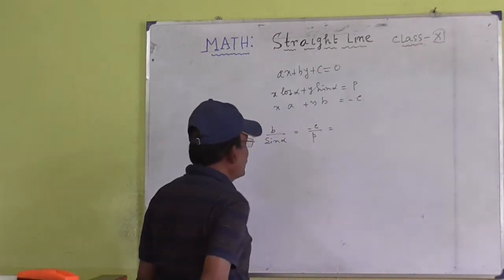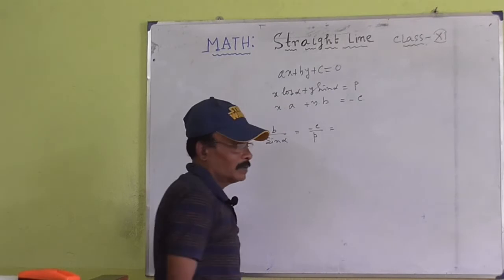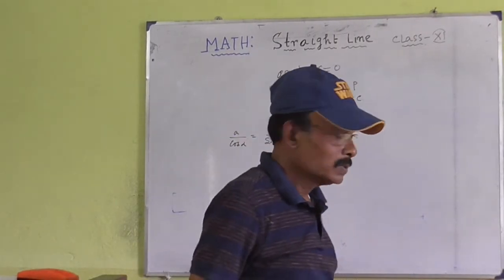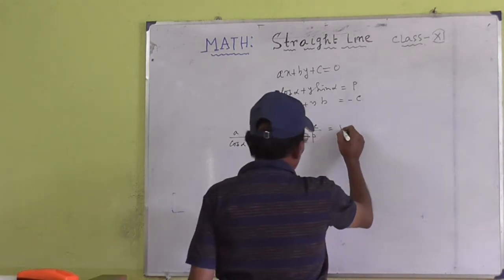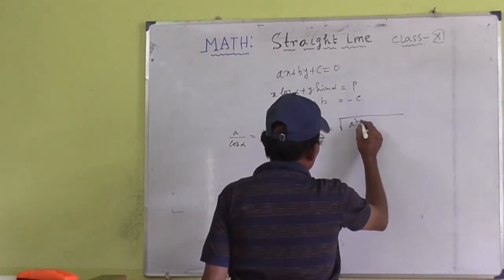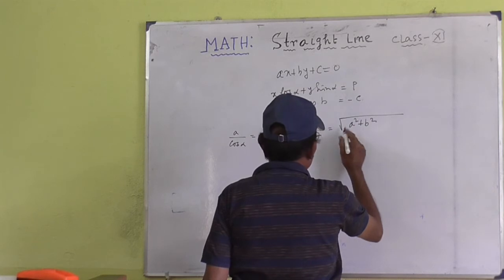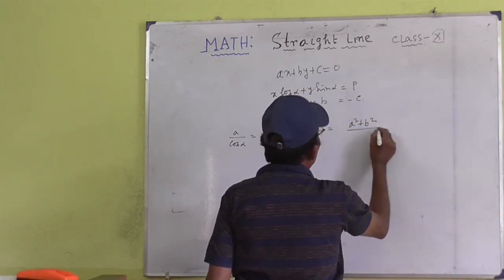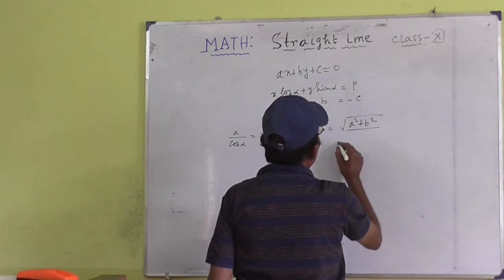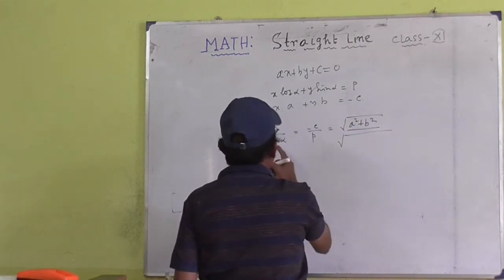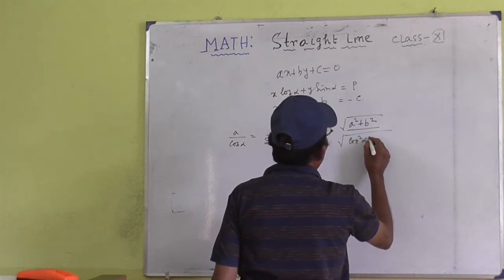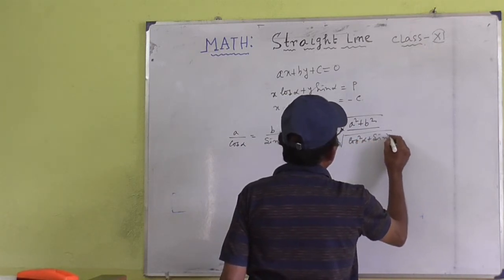From the basic concept of ratio, it is root over A square plus B square by root over cos square alpha plus sin square alpha.